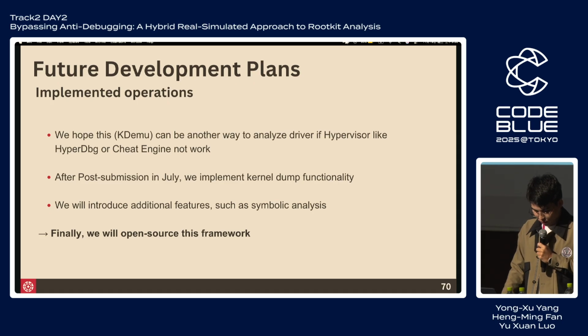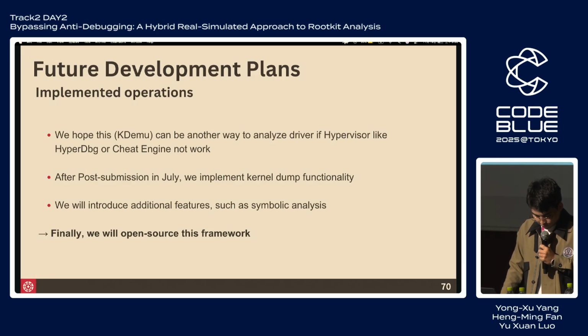The future plan. We hope this project can be an alternative for driver or rootkit analysis when hypervisor methods like hyper-debugger or Cheat Engine DBVM fail. After the submission in July, we implemented kernel dump functionality.